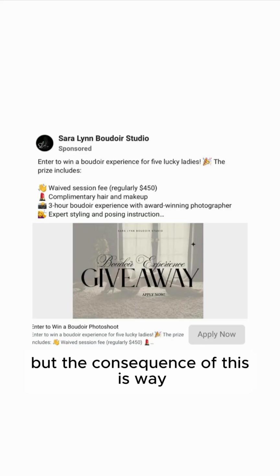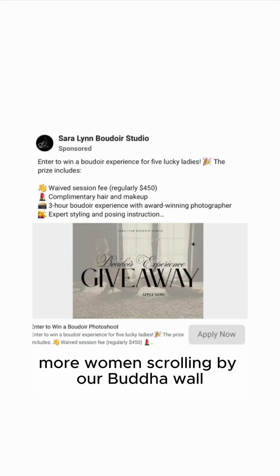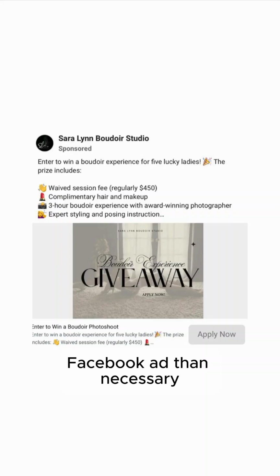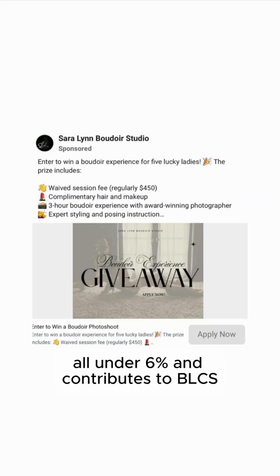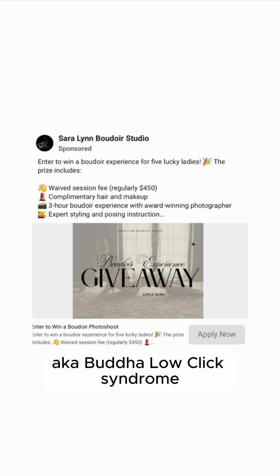But the consequence of this is way more women scrolling by our boudoir Facebook ad than necessary. And when that happens, it pulls unique CTR all under 6% and contributes to BLCS, aka boudoir low click syndrome.